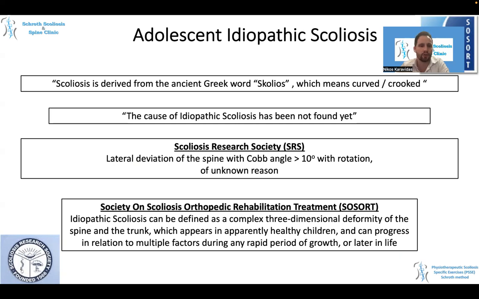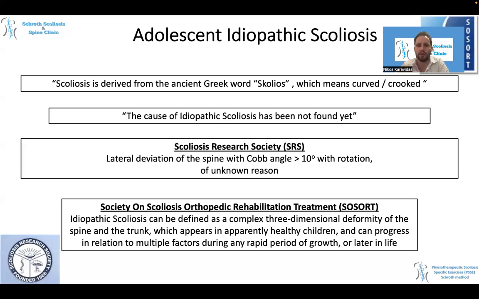According to the SOSORT, idiopathic scoliosis can be defined as a complex three-dimensional deformity of the spine and the trunk. So it's not only the spine, it's also the trunk, which appears in apparently healthy children. So people suffering from scoliosis are not ill. We actually call them patients, but they are healthy people, and it can progress in relation to multiple factors.